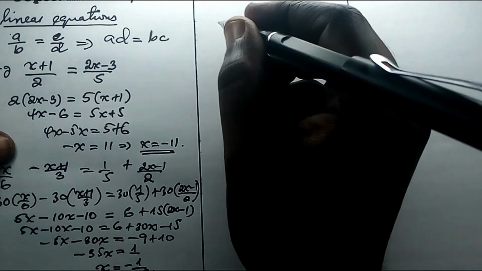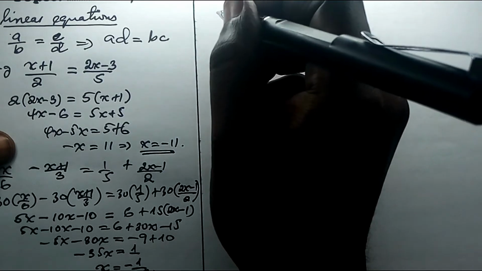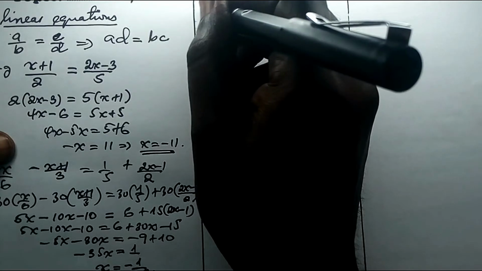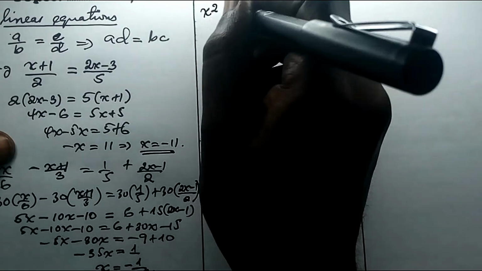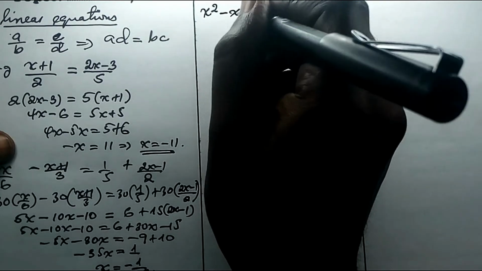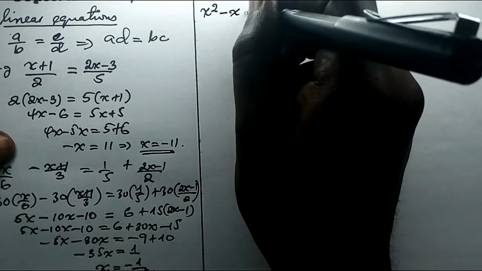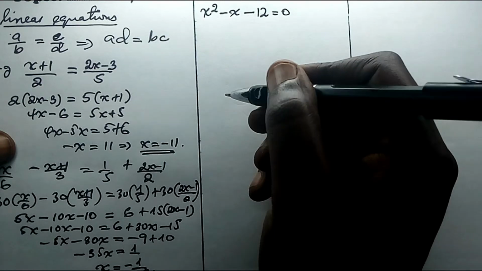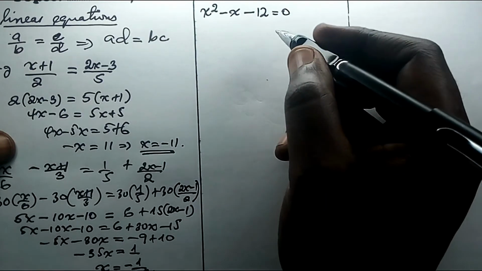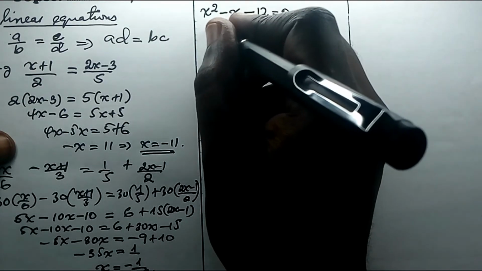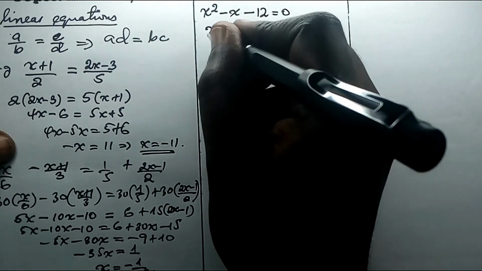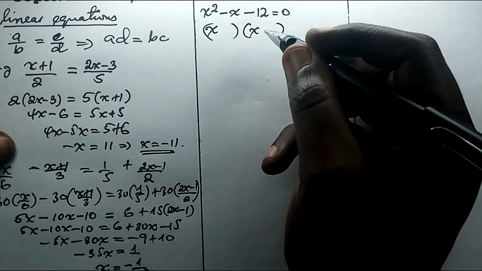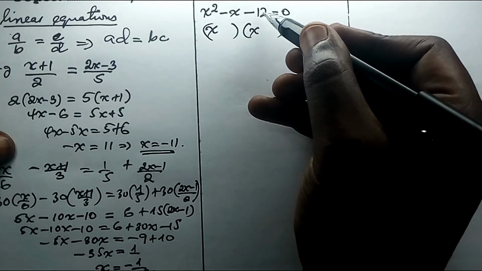We could have a quadratic equation like x squared minus x minus 12 equals 0. Then I will do the rapid factorization, which I know the factors would be 2 numbers multiplying to give 12.